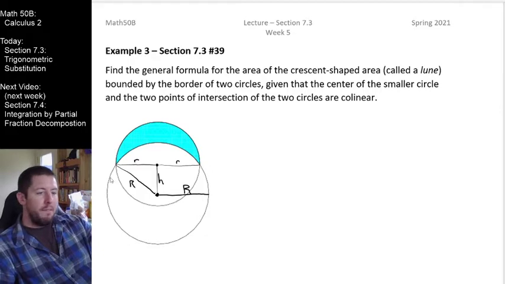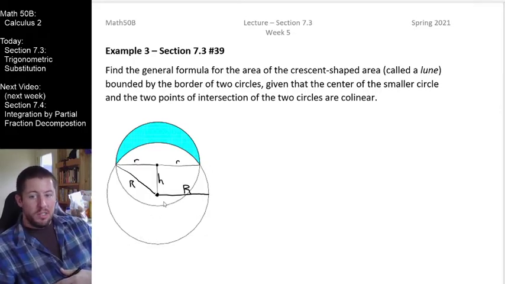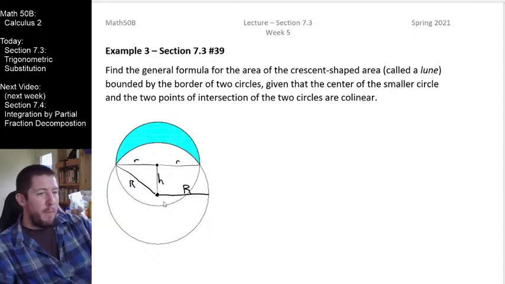So I'm thinking to myself that for this large circle, I'm going to have to come up with equations of circles and stuff like that. I know my general equation of a circle.